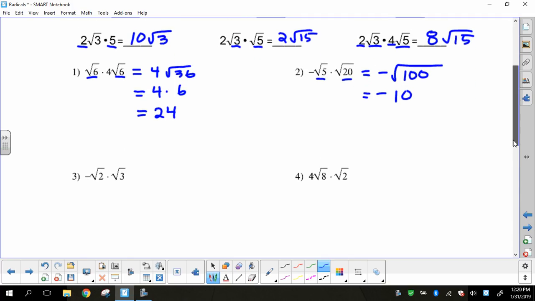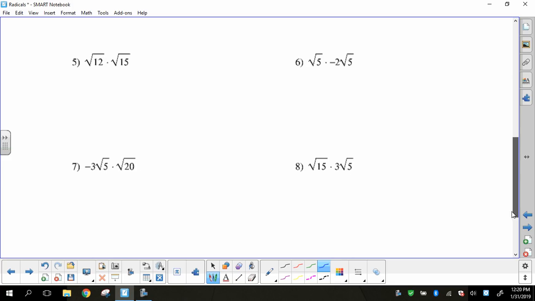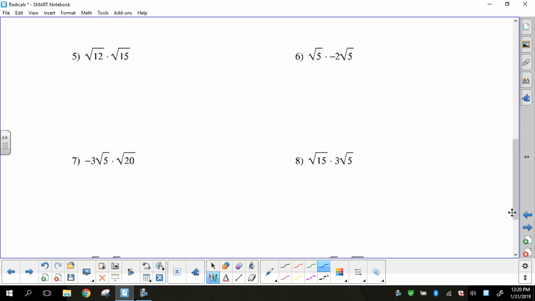Let's slide down here to number 8. I'm going to do one more example here. On number 8, we have 2 square roots that we can multiply together. So the whole number 3 times the square root of 15 times 5 is 75. Now, 75 has a perfect square factor, so we're going to want to simplify that.